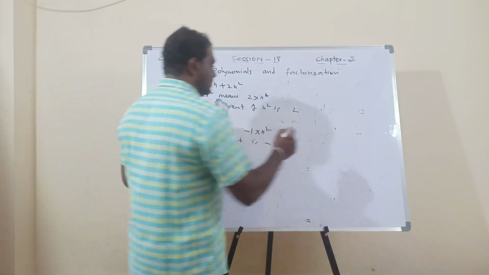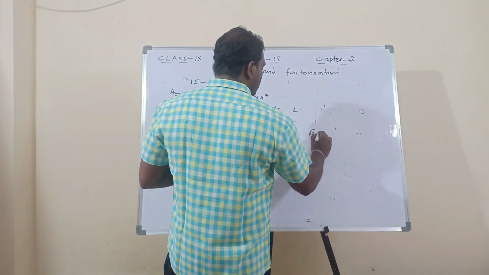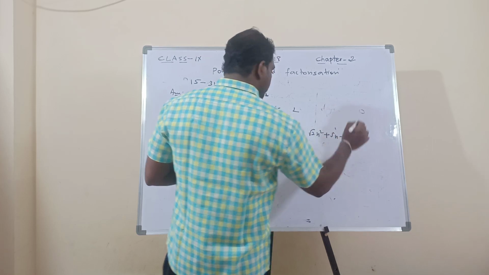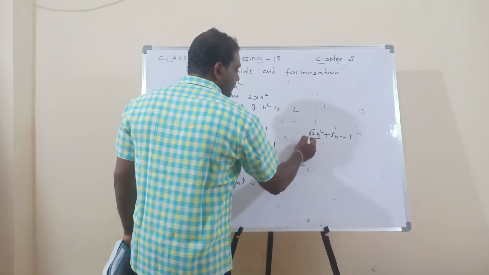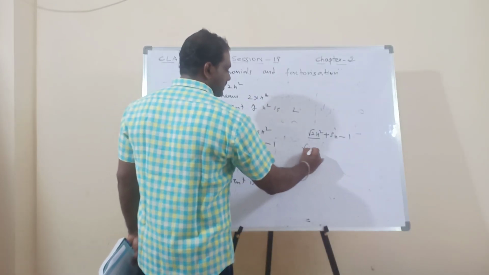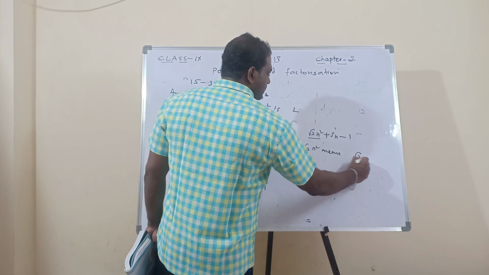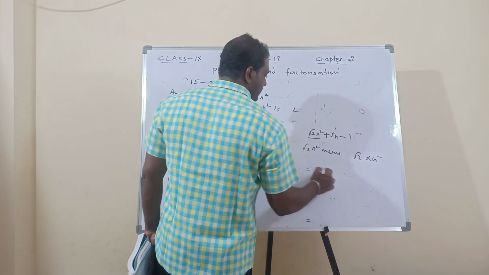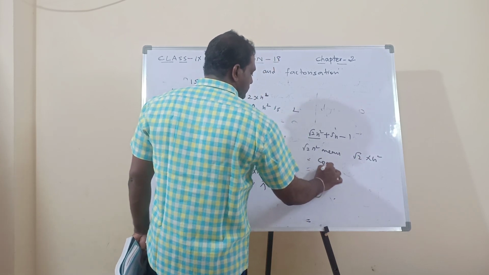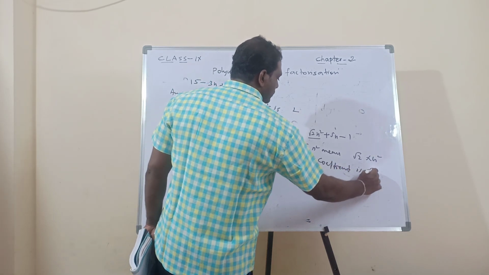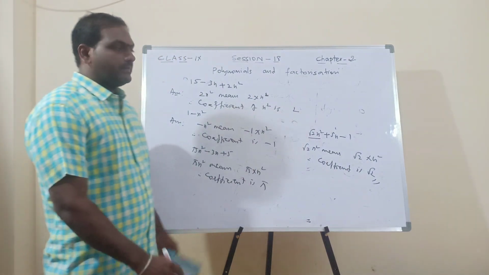And one more question, root 2x square plus 5x minus 1. So what we have to take? We have to take this term. Root 2x square means root 2 into x square. So therefore the coefficient is root 2. So this is the way to write.